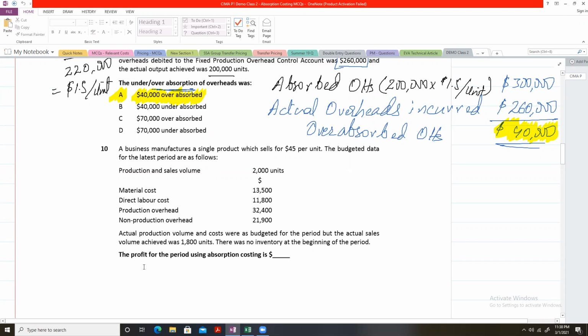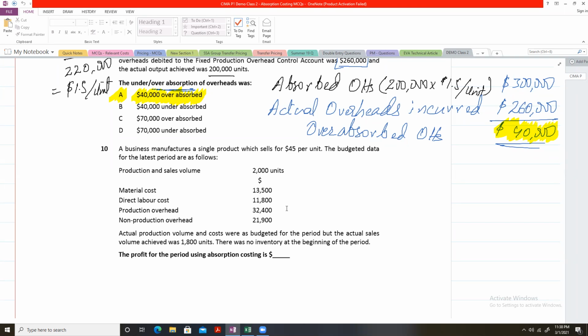Using this information, we are required to calculate profit for the period using absorption costing. You need to keep in mind that the main difference between absorption costing and marginal costing is that in absorption costing, we absorb production overheads to products, whereas in marginal costing, we do not.